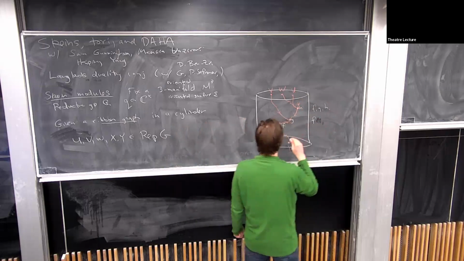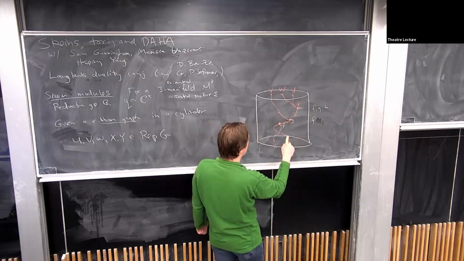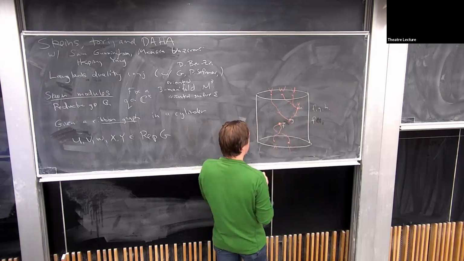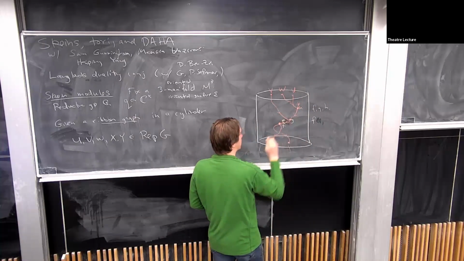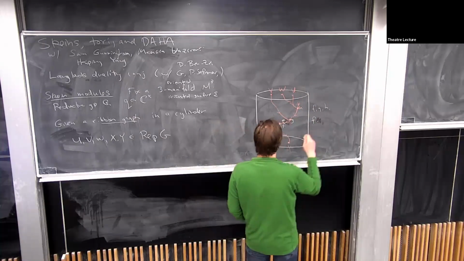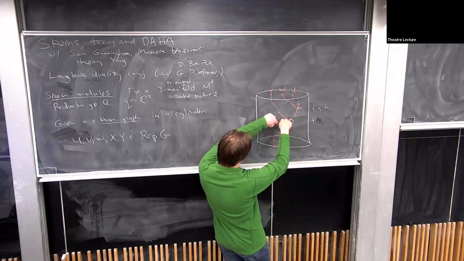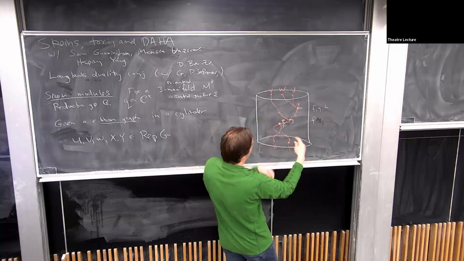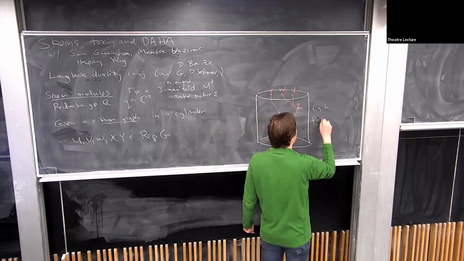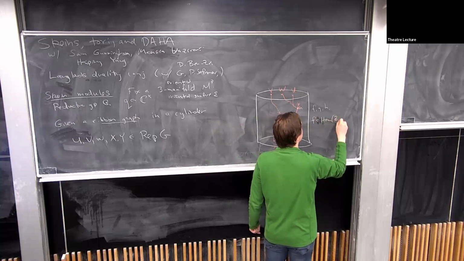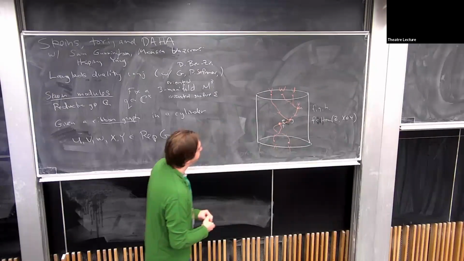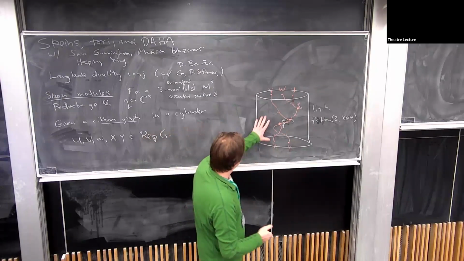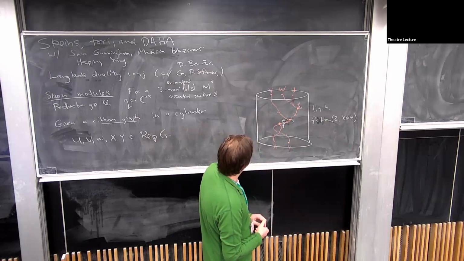So for instance, if I have X, Y, let me orient that one this way, and Z here, then for F we've got Z coming in and X and Y coming out. So F would be a Hom from Z to X tensor Y. Okay, so that's the notion of a ribbon graph in a cylinder.